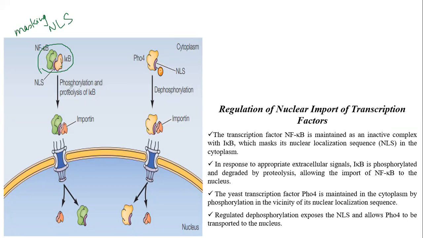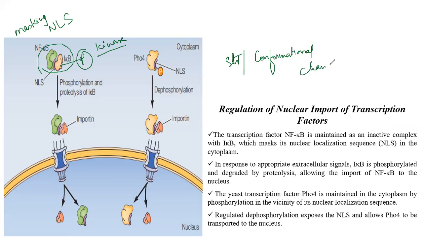Now, once phosphorylation of I kappa B happens, it means there must be some kinase, right? Only kinases have that activity or property to add a phosphate group. So you have added a phosphate group to I kappa B. Now what will happen to the I kappa B? I kappa B is going to get structurally changed, or we can say that there will be a conformational change, correct?